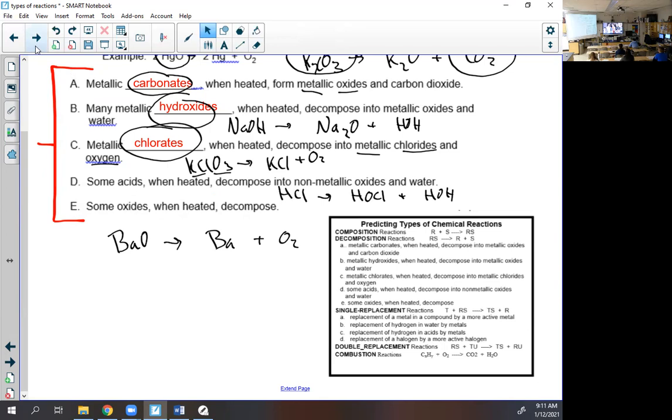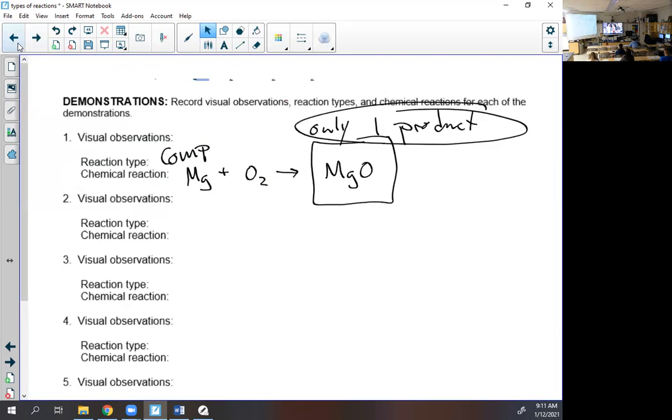Okay, the demonstration, back to page 6. Number 2, the reaction type is a decomposition reaction.